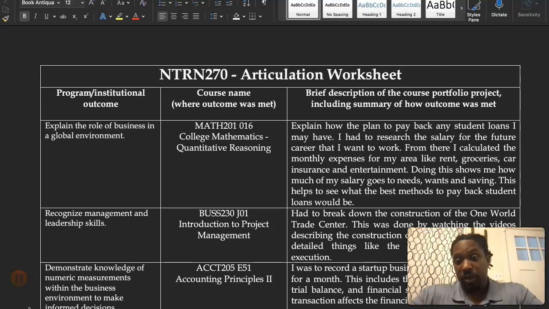After that, doing this shows me how much of my salary goes towards needs, wants, and savings, and this helps to see the best method to repay my student loans.